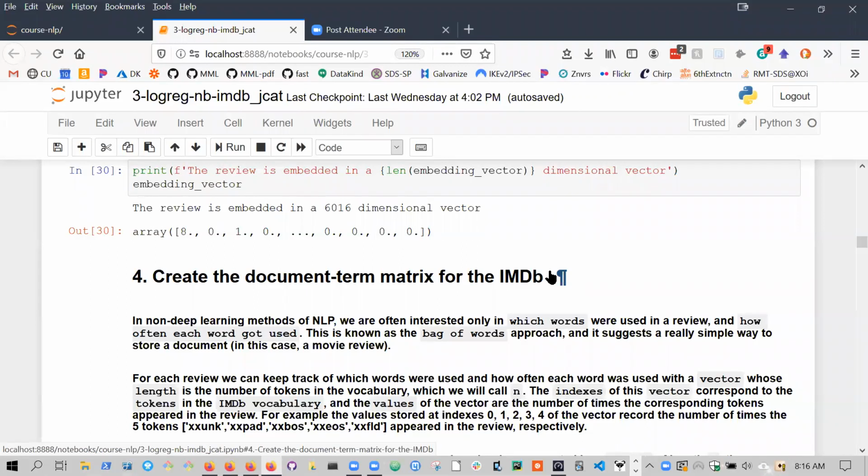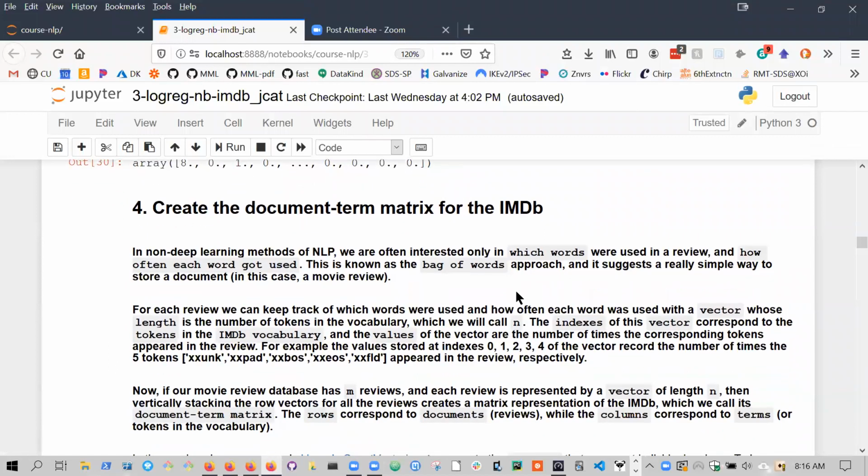Yes. Okay. I would like to ask, with regard to the document term matrix, I understand conceptually. However, my question is, when you represent this document term matrix, the column headings and row headings, where are they stored?